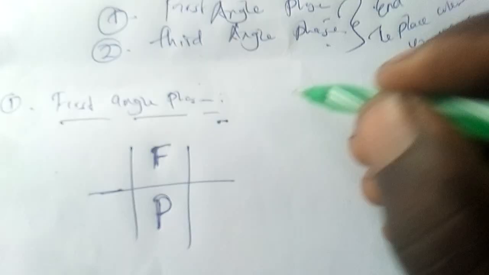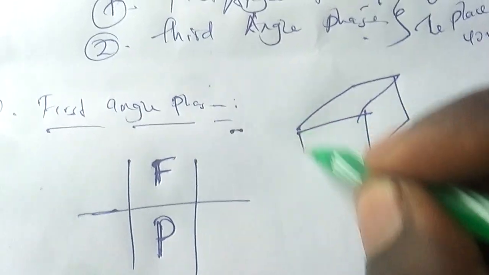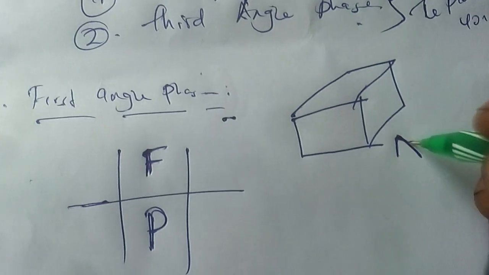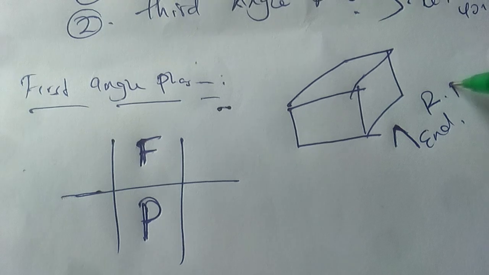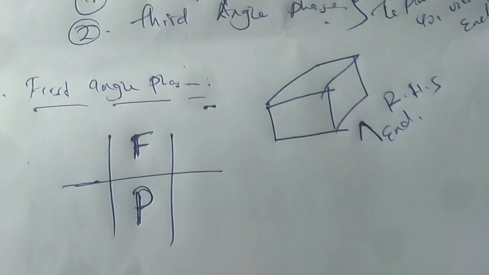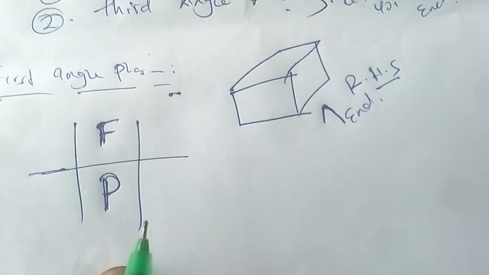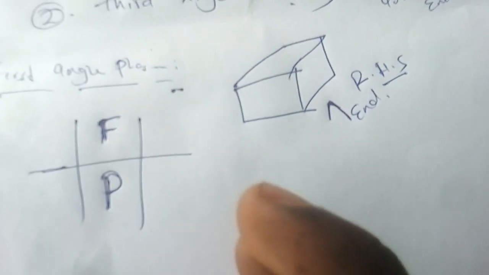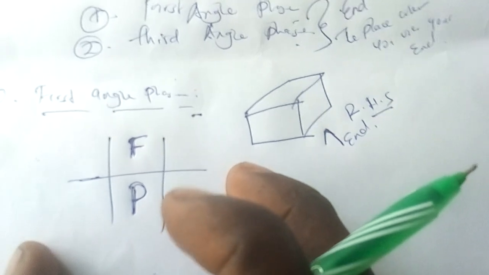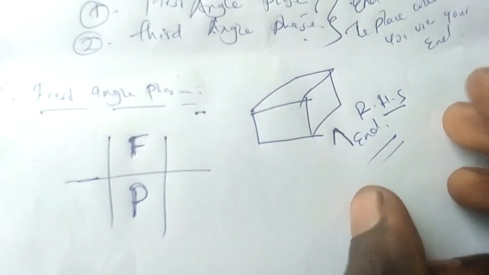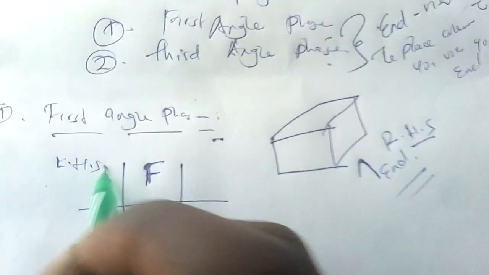For example, this is the block, and we viewed our end at this point, which is our right hand side. Remember, when you view your end at the right hand side, in your representation of views under first angle projection, your end view will appear on the left hand side.